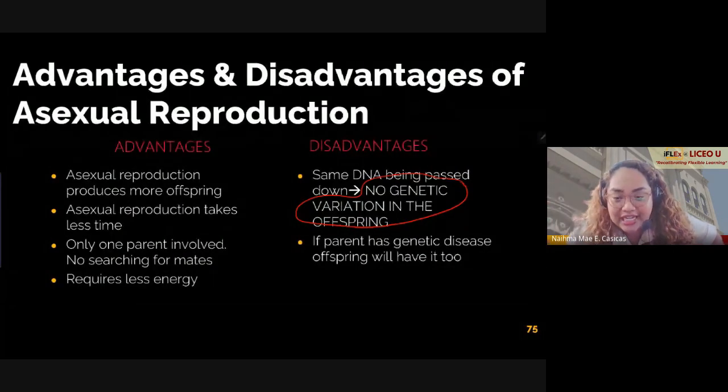Recessive na siya nga genetic na disease. Now, when that happens, if Michaela and Ryan will copulate, magkaanak sila, ilang anak will have a very high probability that the child will have Down syndrome.